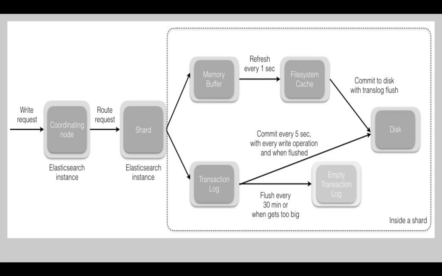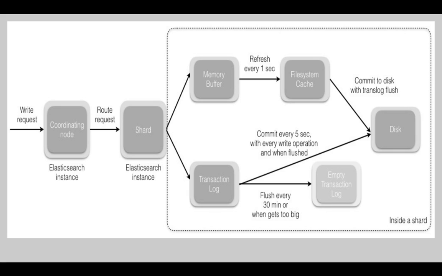So let's see in this diagram what happens when we query some data on Elasticsearch. Your request first goes to the coordinating node, which is an Elasticsearch instance.